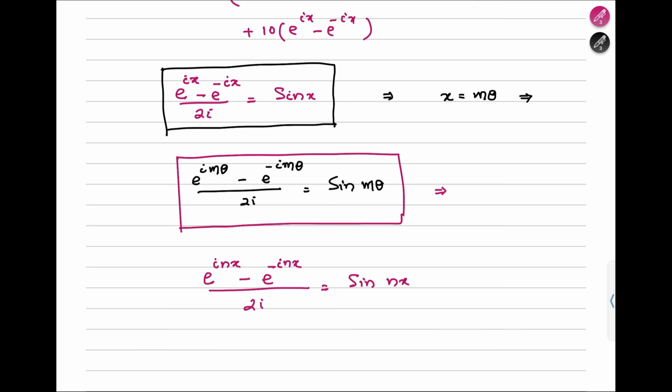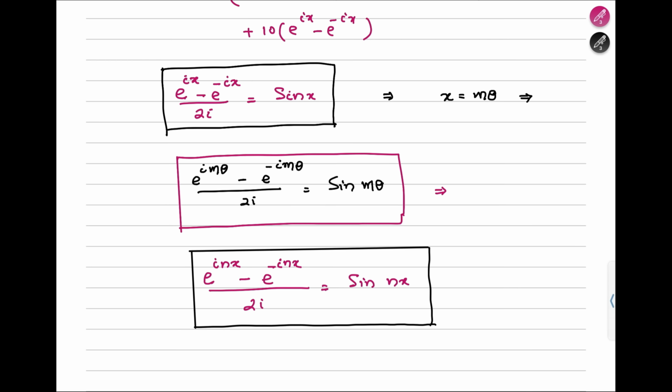This is the most important formula which we will be regularly using in engineering applications, science applications and mathematics applications. Whatever concepts I am clearing here are very, very important.